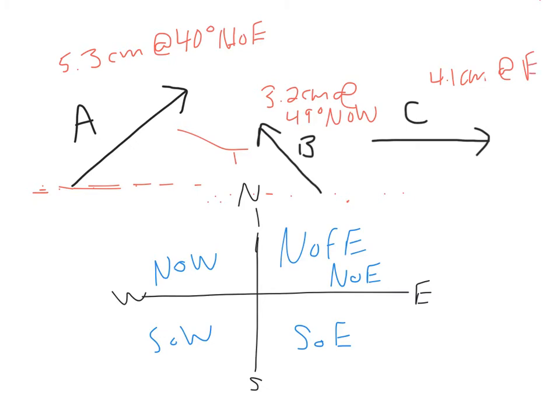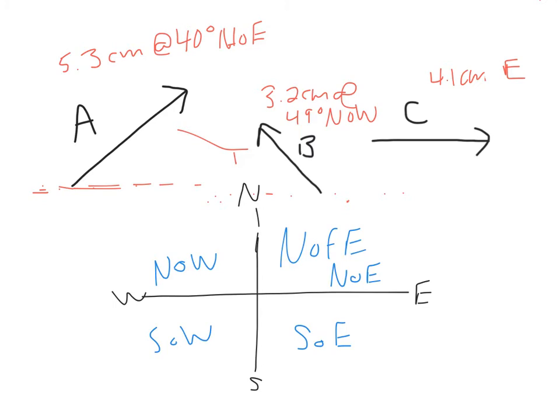You don't even need the "at" there. Anything that points up, down, left, or right could be north, south, west, or east, and you don't need any "at" there. So these are our three vectors, and what we want to do now is add them together.